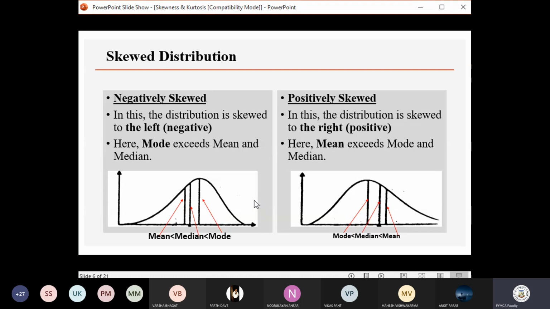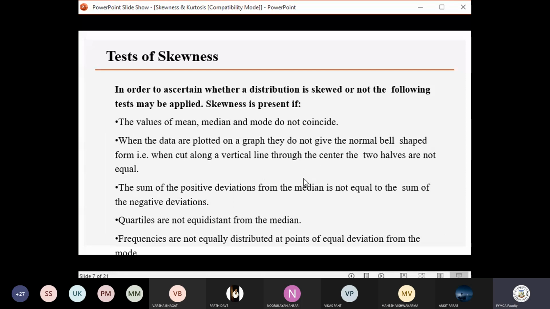Now how are we going to calculate this skewness? I am saying that it is a negative case, it is a positive case, but how do we find out the value of skewness, how much skewed it is? How are we going to test it? There are multiple ways of testing.